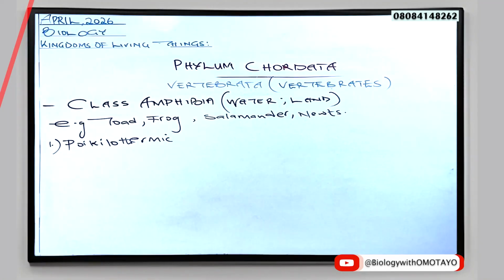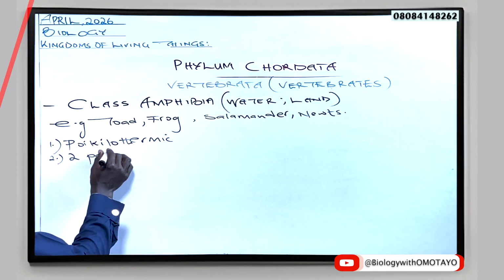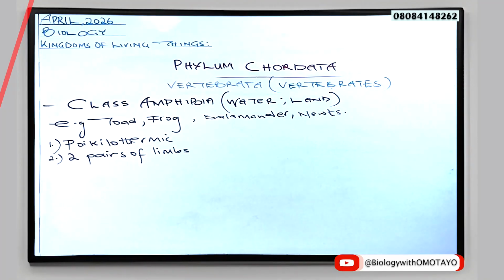These have been explained today. Next, they have two pairs of limbs, that is the forelimb and the hind limb.